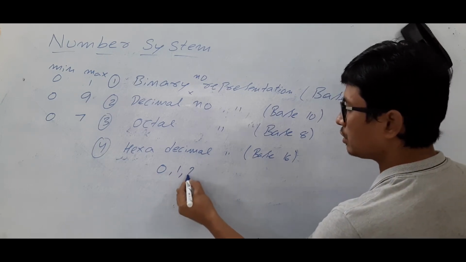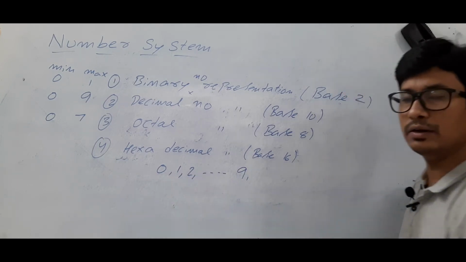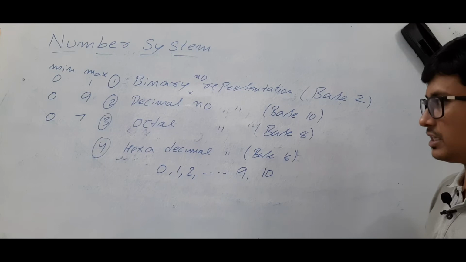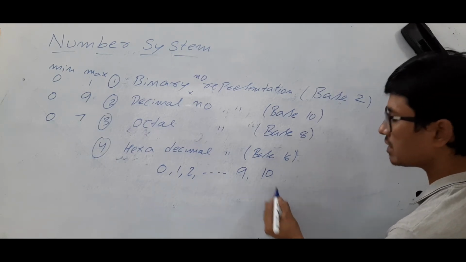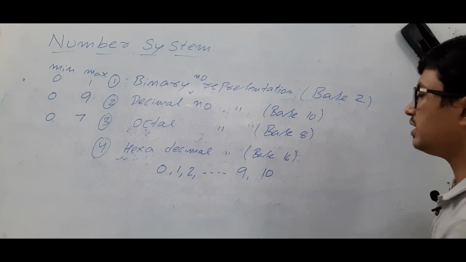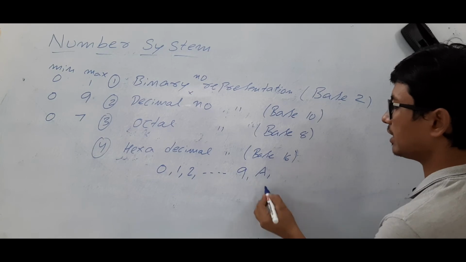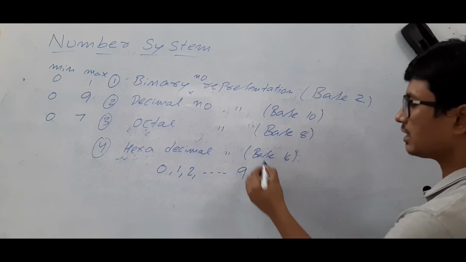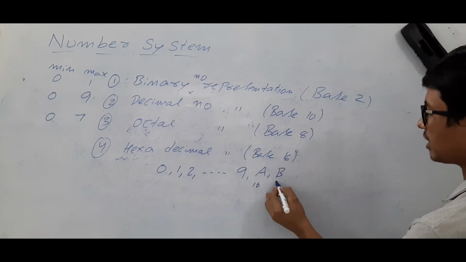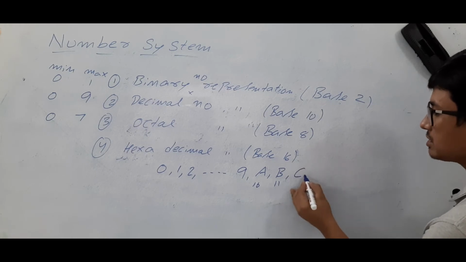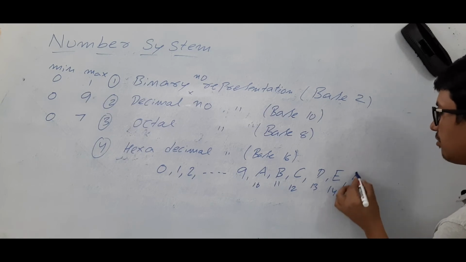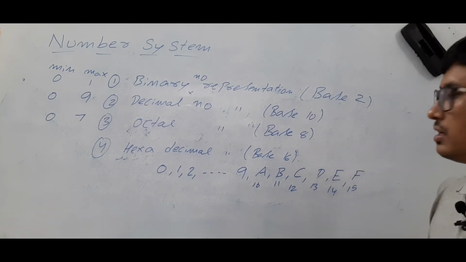You will have 1, 2, 3, and so on up to 9. Then 10 is not represented like this in hexadecimal, because sometimes we can confuse whether it is 1 and 0 or ten. So they represent 10 as A, 11 as B, 12 as C, 13 as D, 14 as E, and 15 as F, because the maximum element allowed is 15 only.